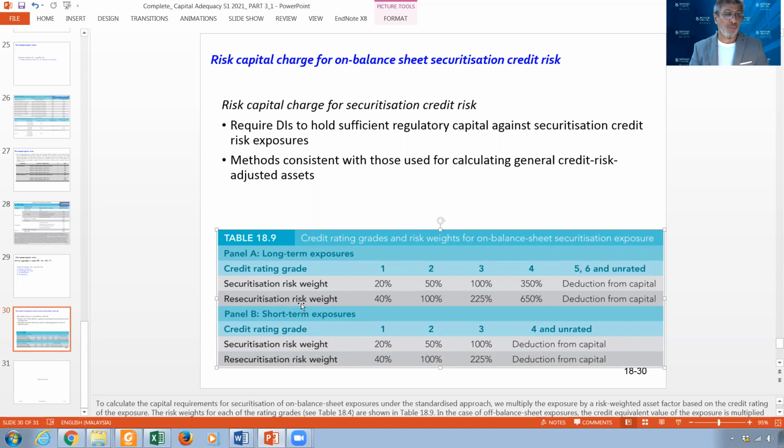If that is the case, as you see, the risk is increasing, and the rates are very high. So this is when we have securitization, as I told you, and it is for the on-balance sheet securitization exposure.